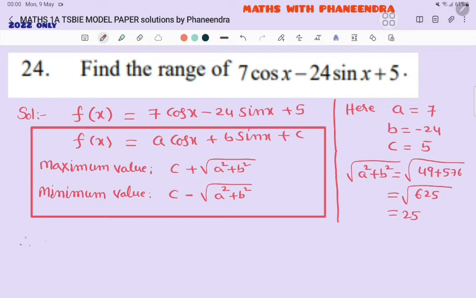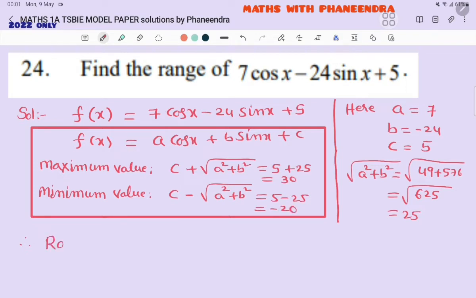Now the maximum value and minimum value. Range means what? Maximum and minimum values only. So calculate the values: 5 plus 25, that is equal to 30. Here 5 minus 25 is minus 20.